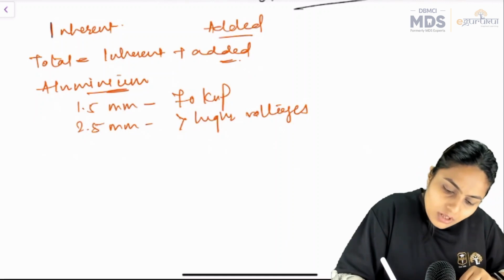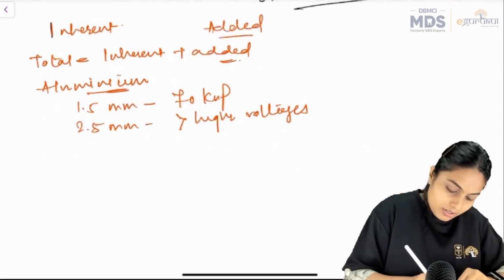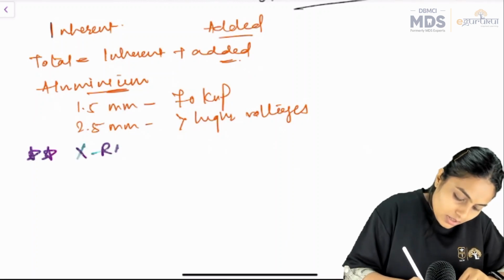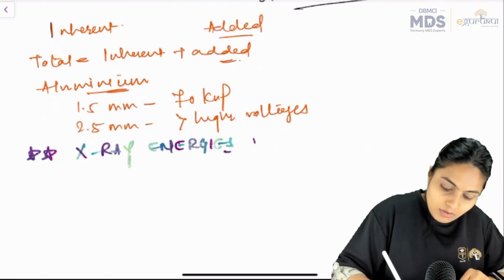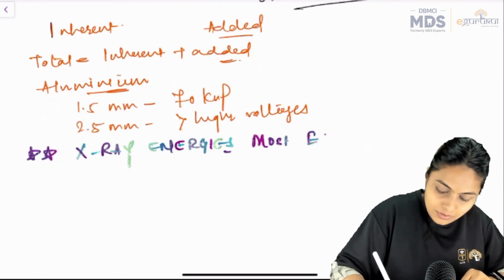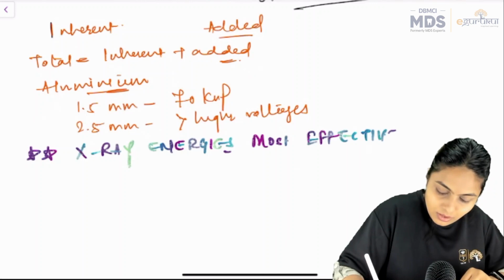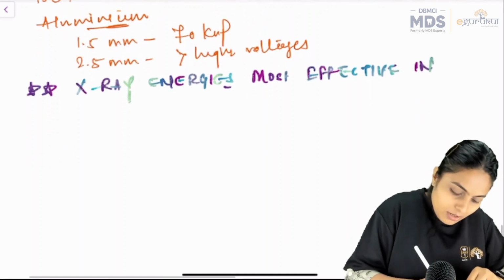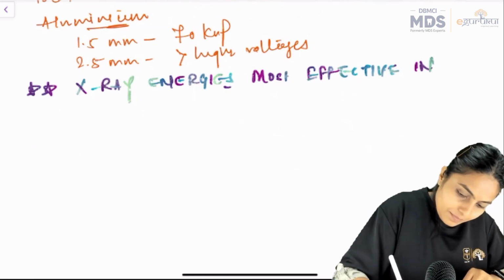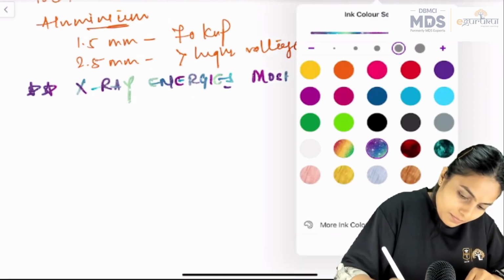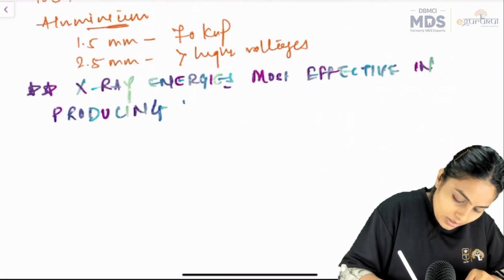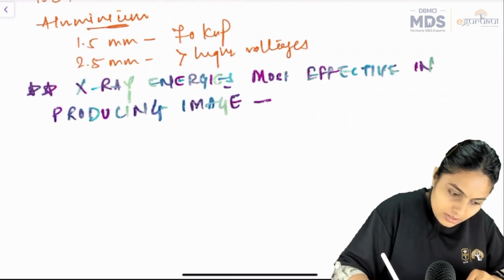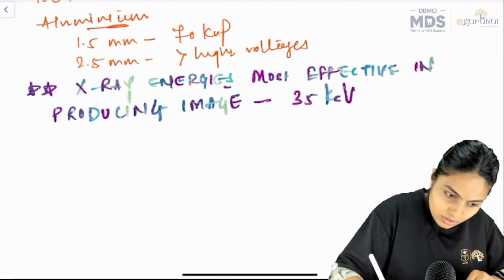Here I would like to mention one very important point. The X-ray energy most effective in producing an image is between 35 kilo electron volts and 55 kilo electron volts.